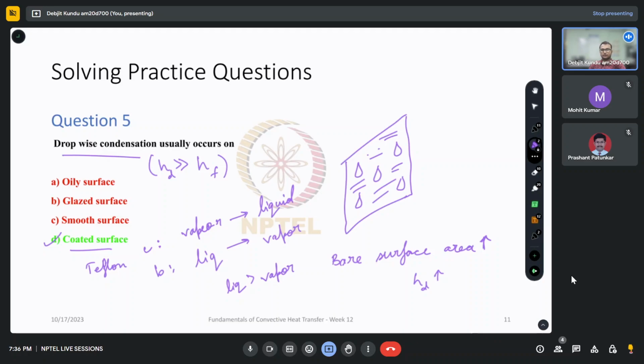Now, with condensation, more and more liquid is formed, so that really enhances the heat transfer rate. Whereas for boiling, more and more vapor is formed, and that reduces the heat transfer rate as compared to a pure liquid being in contact with the solid. So with more condensation, more liquid and more heat transfer, and in case of boiling, with more boiling, more vapor, which sort of reduces the heat transfer rate, which we see in the pool boiling curve, right?